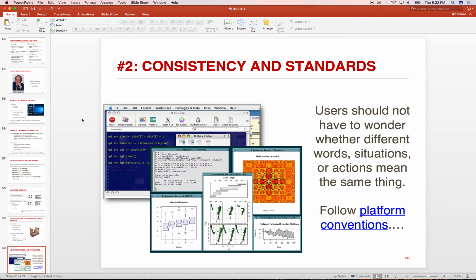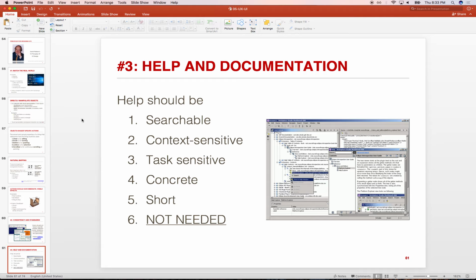Right? I can expect this vocabulary as I move from one place in the application to the other, so that I don't have to relearn a new vocabulary of colors and the visual language that you're using. So certainly this increases the usability.